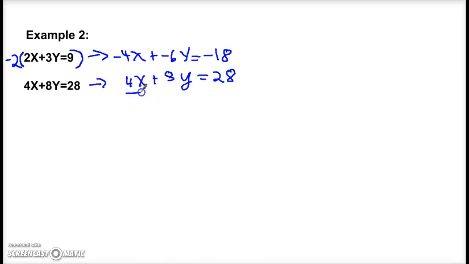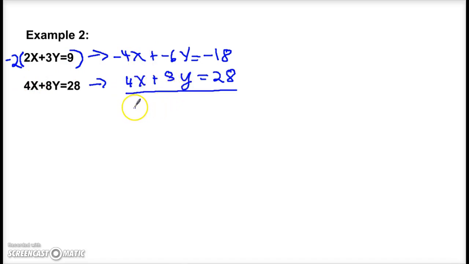Now the reason that I chose to multiply by negative 2 was so that the x's would drop out. I noticed that 2 times 2 would give me this 4. And then if I multiply it by a negative 2, that will give me a negative 4x for the top equation and a positive 4x for the bottom.